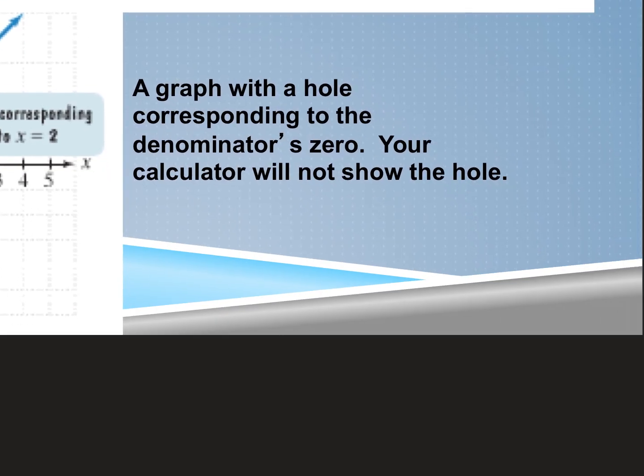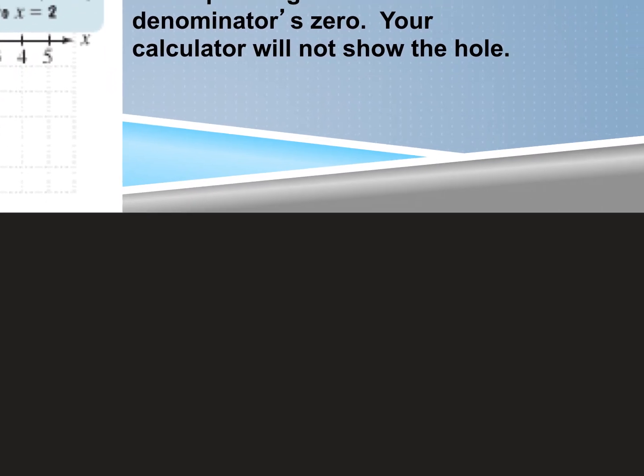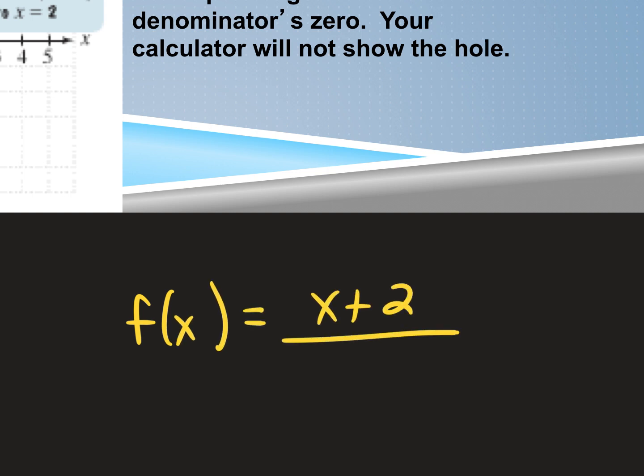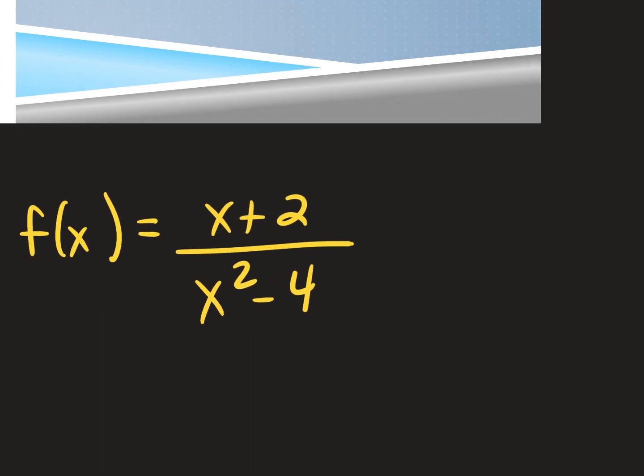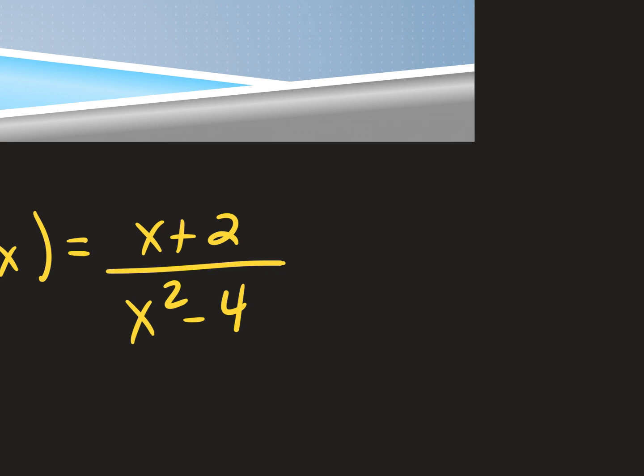So I'm going to give you this question. Let's say we have f of x equals (x plus 2) over (x squared minus 4). If you were going to go through it like we did the other day and tell me the domain and the vertical asymptotes, where would we look? The bottom, right? x squared minus 4 equals 0.